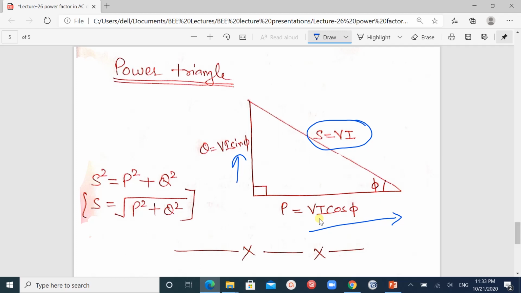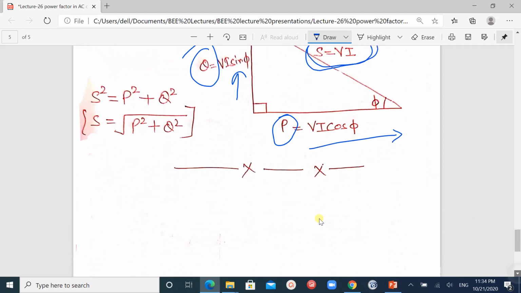So this is our active power, this is our reactive power, this is our apparent power. This is the relationship between the three powers. S square equals P square plus Q square, and S equals under root P square plus Q square. So this is all about the different powers.